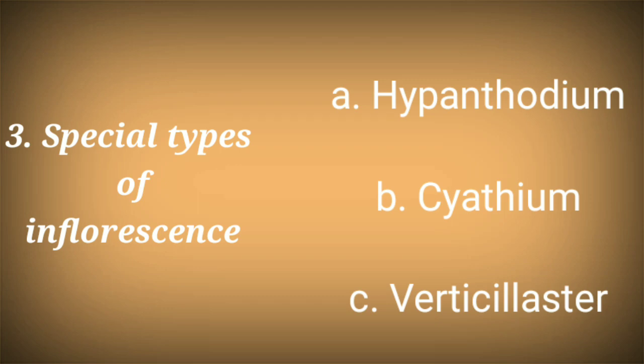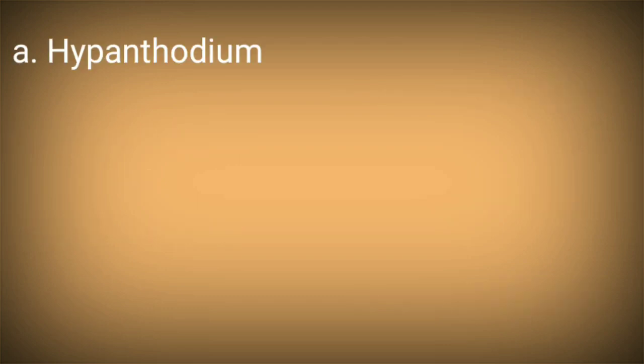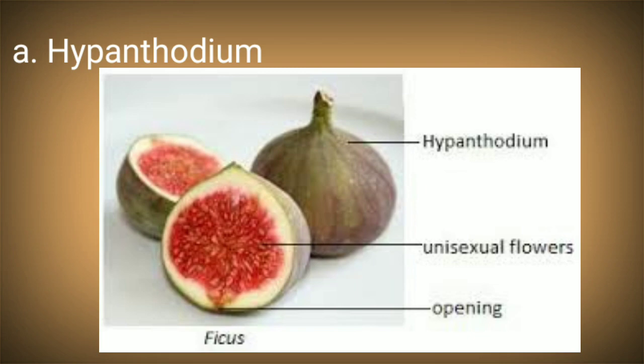Now let's at first come to the first one, that is the Hypanthodium. So Hypanthodium is a special type of inflorescence formed by the condensation of the main axis into a cup or flask-shaped fleshy receptacle with a small apical opening called ostiole.